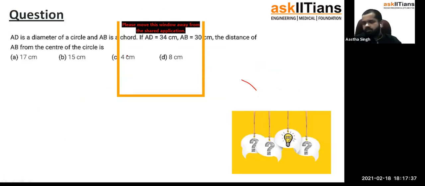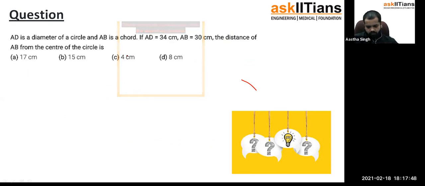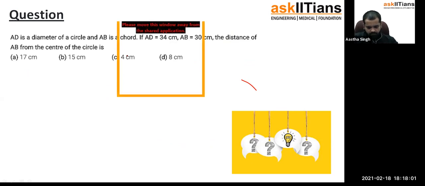Just try to do this question, guys. AD is a diameter of the circle, and AB is a chord. AD is given, and AB is given.